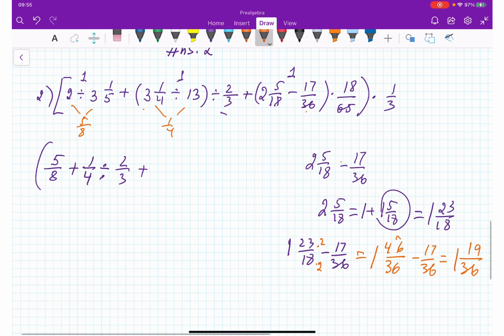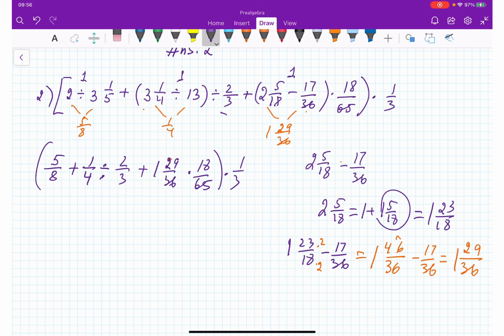So I'm going to write down 1 and 29 over 36, and this is 1 and 29 over 36, and times 18 over 65 and times 1/3.